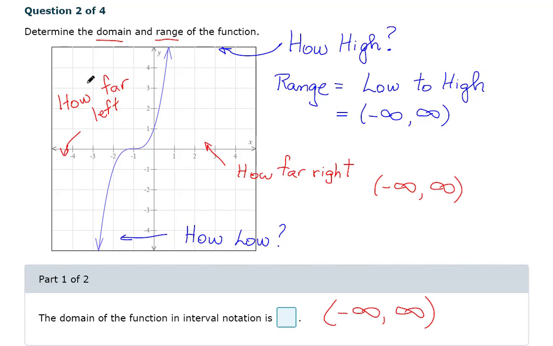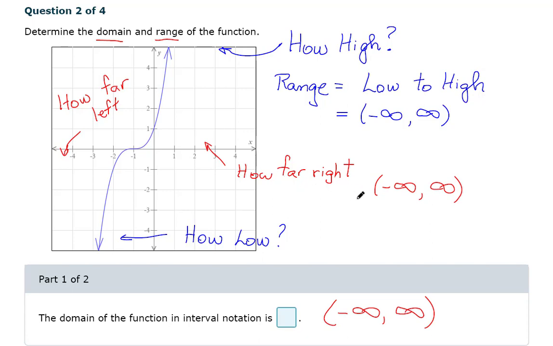The domain is how far left and how far right. Well, the assumption you see is this graph keeps opening outward. Therefore, I have inputs that keep marching to the left forever. And again, even though it's going slowly, this is working its way to the right, and therefore these inputs are also used.